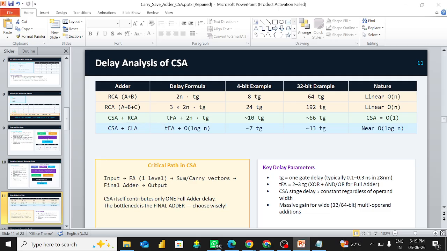Just look at the CSA and CLA. If you use CSA and CLA, obviously the speed will be more than RCA, right? But if you are using that inside a CSA, then the delay is almost negligible compared to other delays.